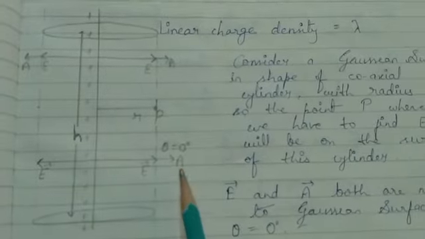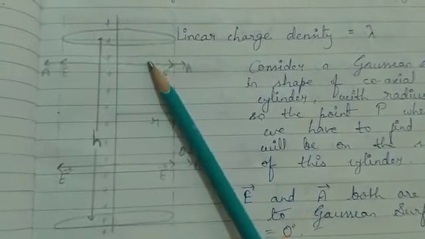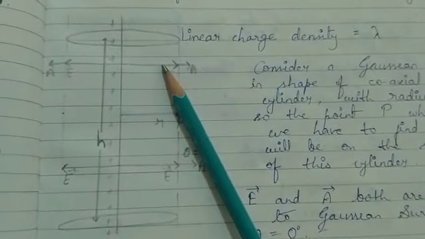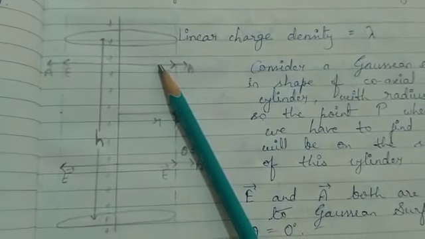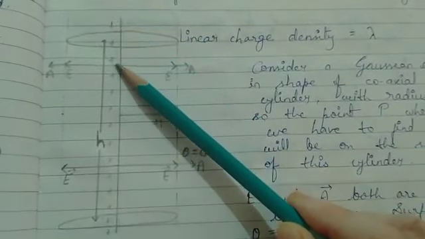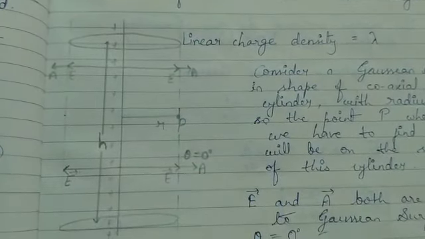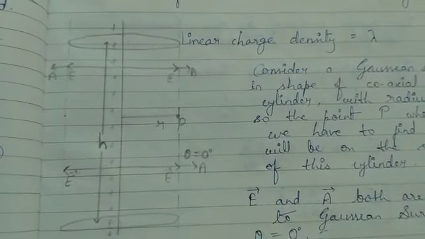Whenever we have to find the electric field using Gauss's theorem, the very first thing we have to do is assume a Gaussian surface. When the charge is linear, what kind of electric field is there?